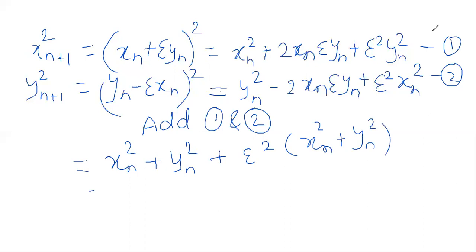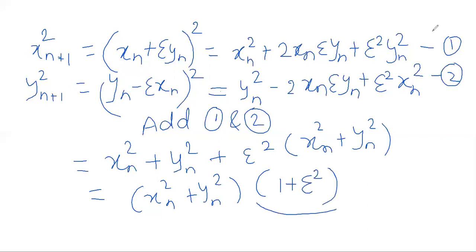Got this value? Yes, we can have again xn square plus yn square common from both the terms, and here it is 1 plus epsilon square. So this is the particular error.